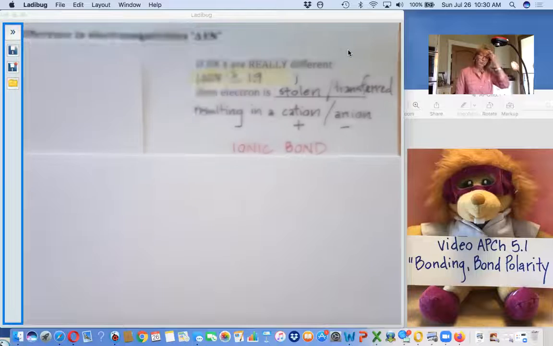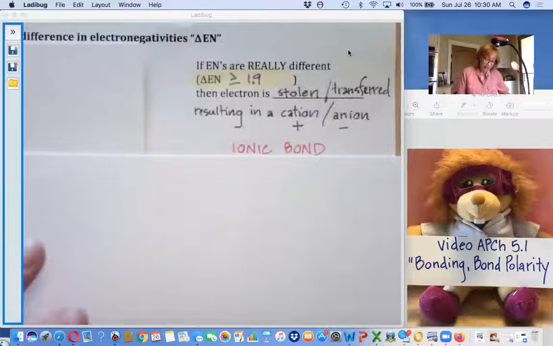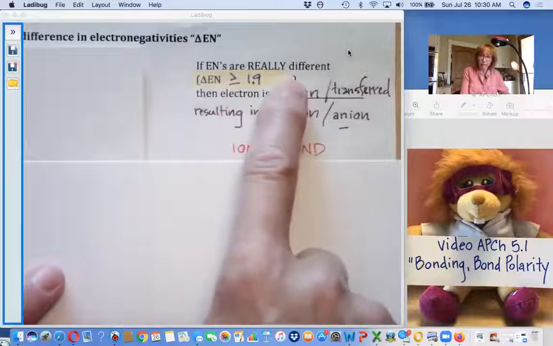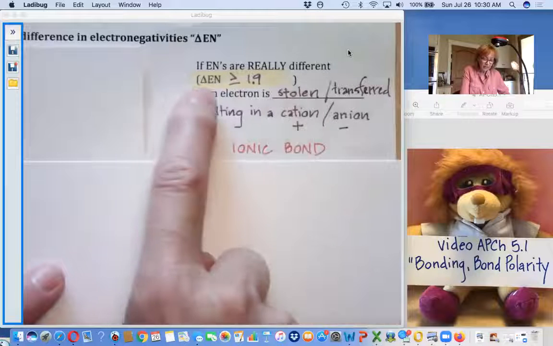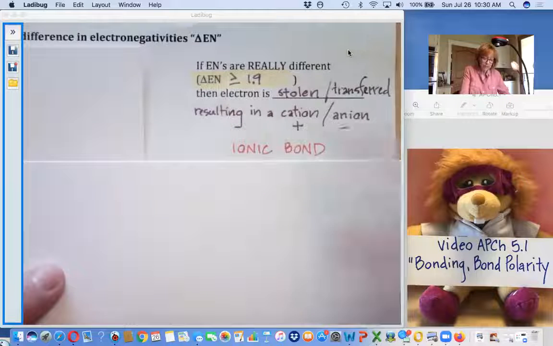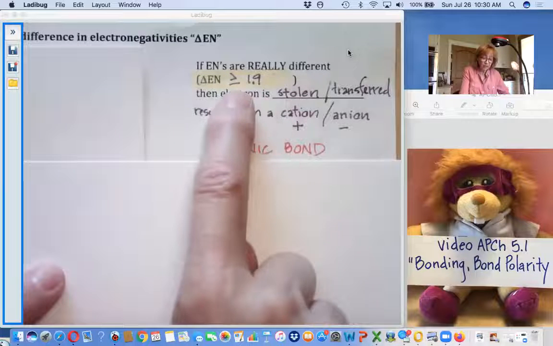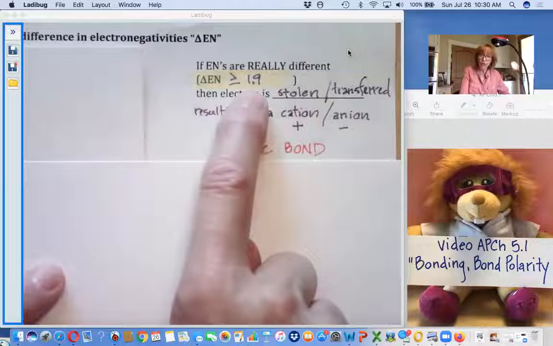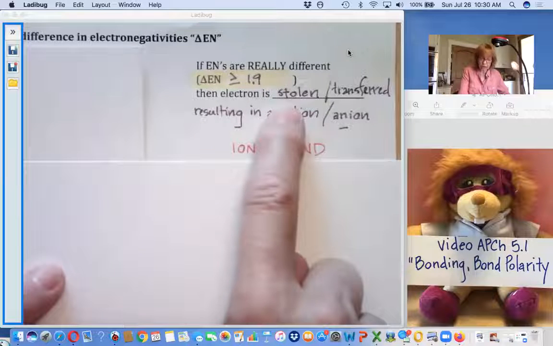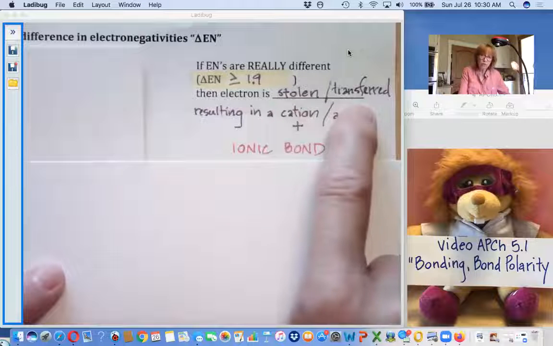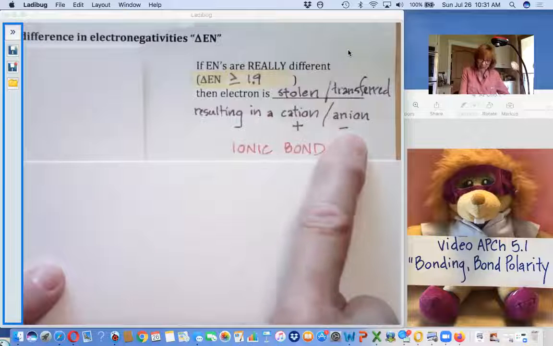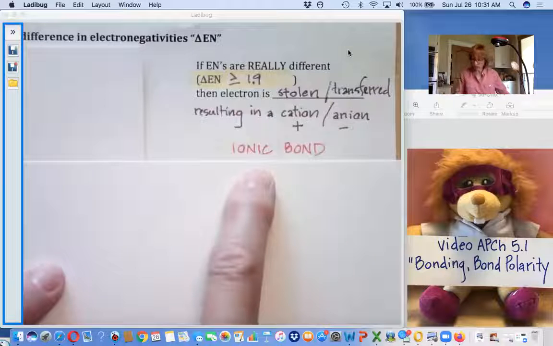Okay, so as we compare the electronegativities of the two atoms in a bond, if those electronegativities are very different, in other words, delta EN, that means change in electronegativities or the difference between them, if the difference between the two is equal to or larger than 1.9, that's an indication that the electron gets stolen by the more greedy or transferred over to the more electronegative. And that process results in a cation and an anion and an ionic bond.